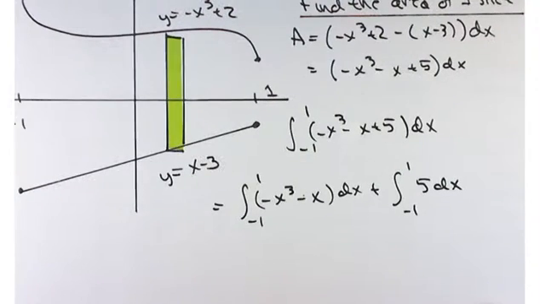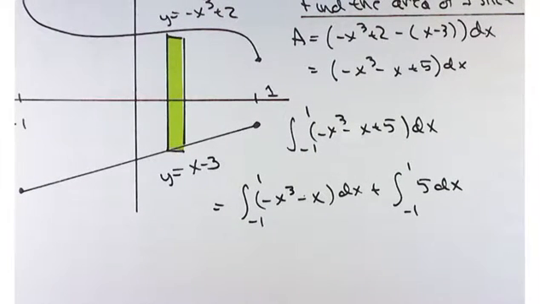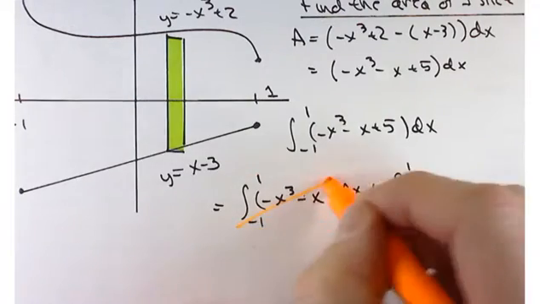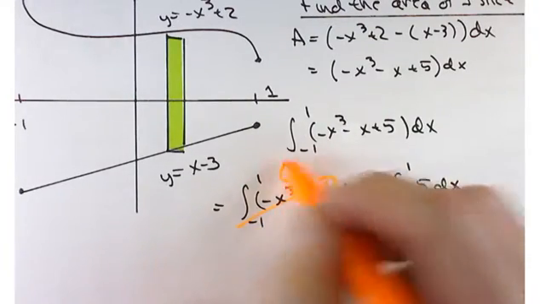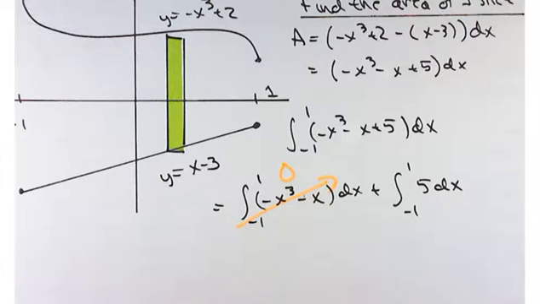Now, why did I do that? Can anyone suggest a reason? Yes. So here's your odd function rule, Gunnar. Negative 1 to 1. This is an odd function over symmetric interval. That's 0. So nice. Get rid of that right away.